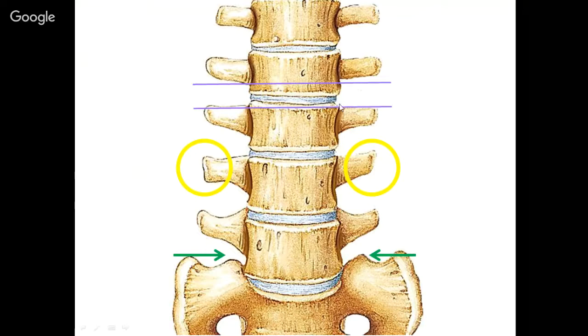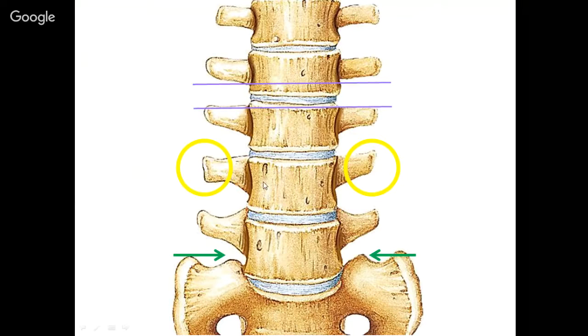And then if you look at the next line that I drew, you can see how on L4, the top of the vertebral body is more high up here compared to here, and you can see that this is above the line and this is below the line.